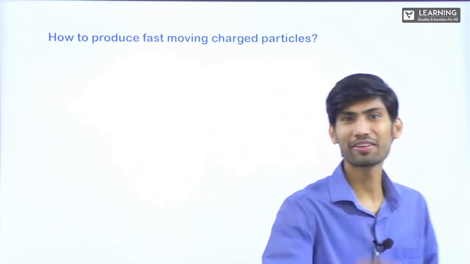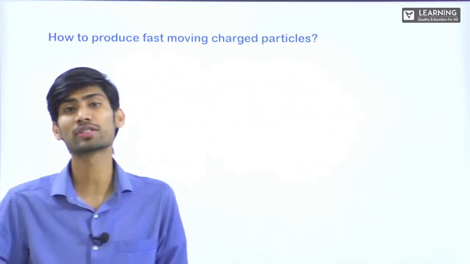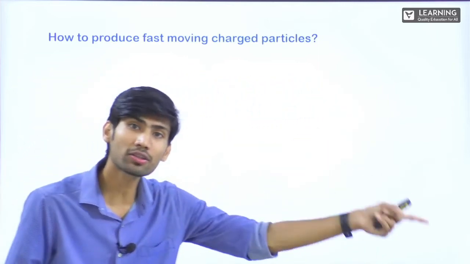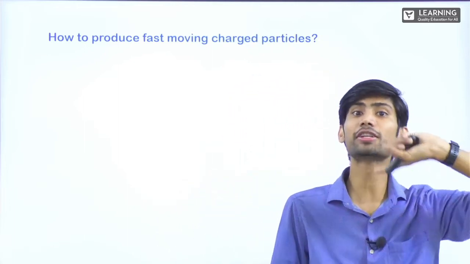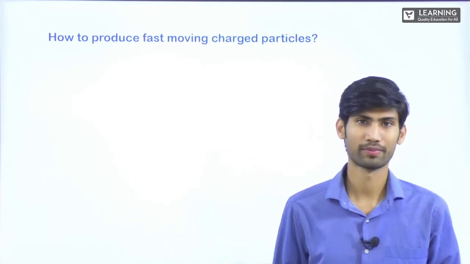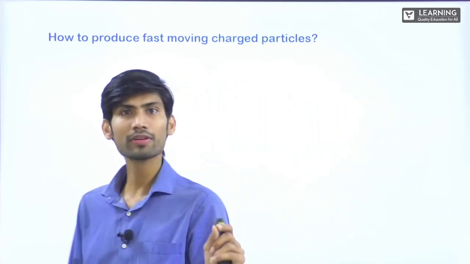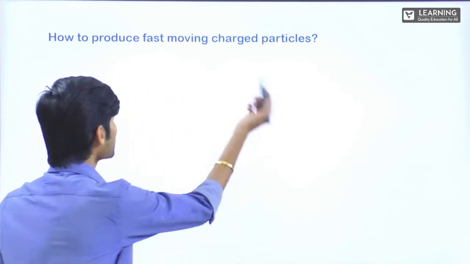Yes. We have studied that if a charge is kept at rest in an electric field, it experiences a force QE in the direction of the electric field. In a magnetic field, charge gets deflected. In an electric field, charge gets accelerated. Clear? Always remember. Now, suppose there is an electric field.